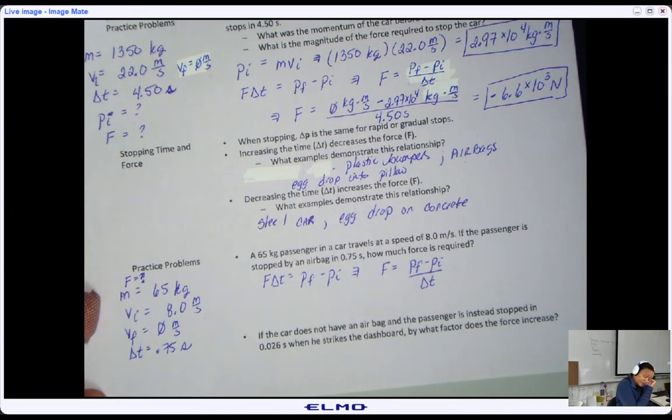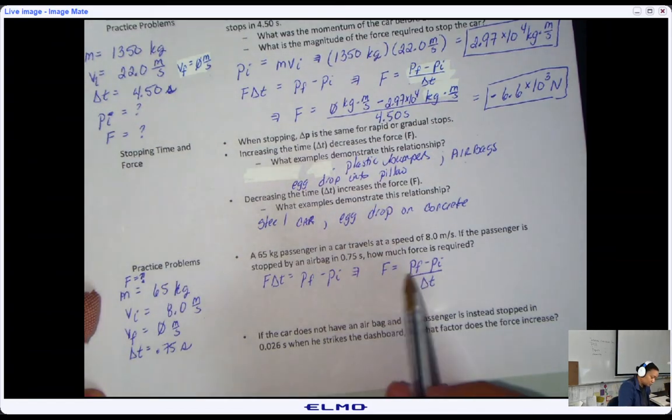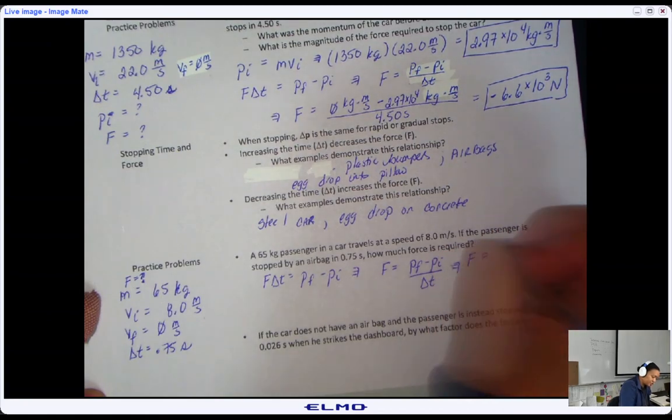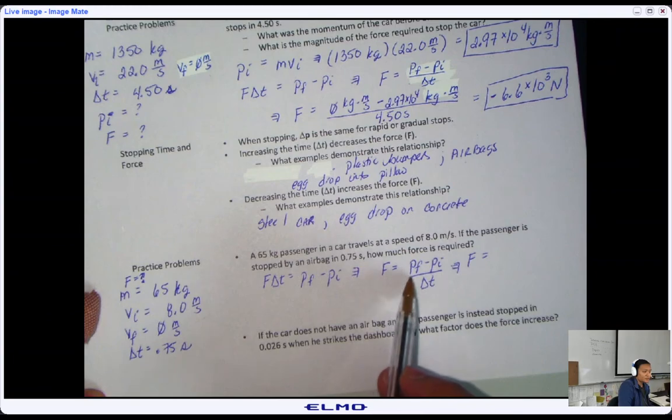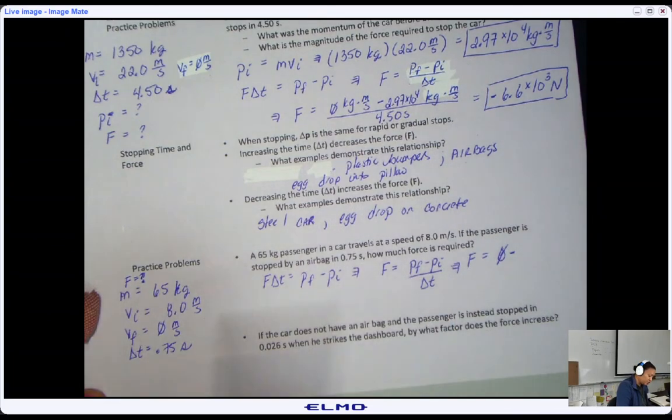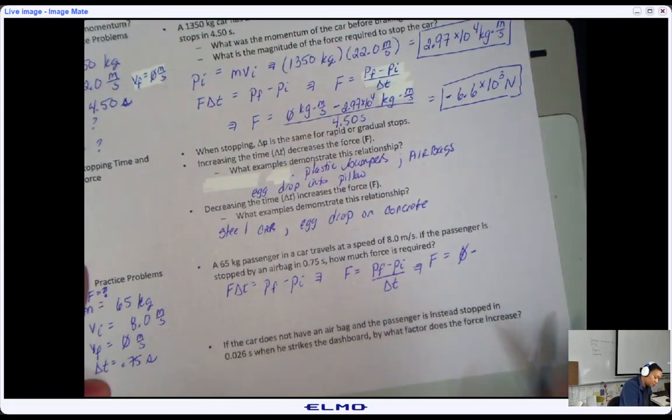All right, so plugging in your numbers. Force equals, this is mass times final velocity, which is 0. So I'm just going to put 0. Minus your initial momentum, which is 65 kilograms times 8 meters per second.